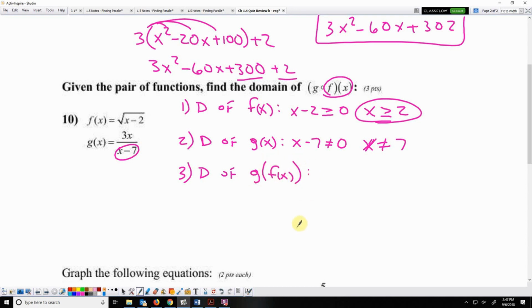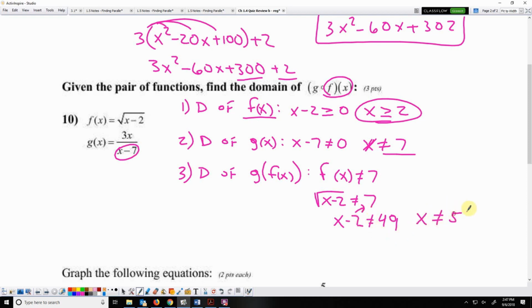And for that, I steal from step 1, f of x, and step 2, cannot equal 7. So the square root of x minus 2, that's f of x, cannot equal 7. So I square both sides, and move that 2 to the other side. And I circle that.